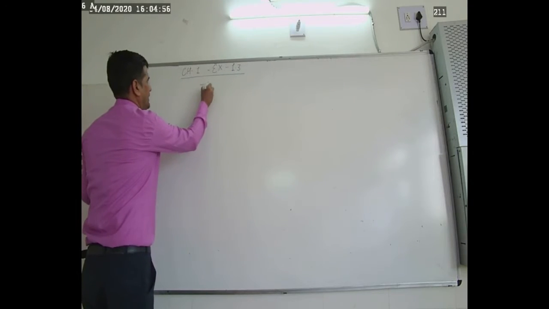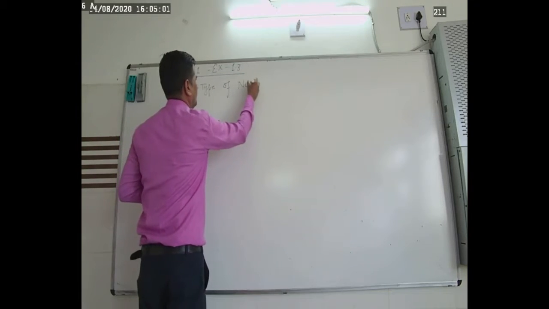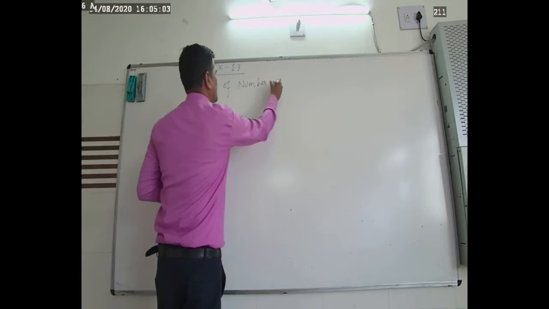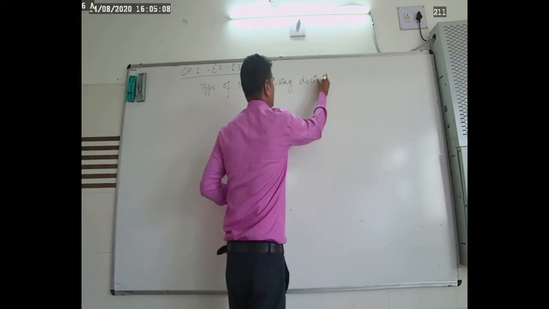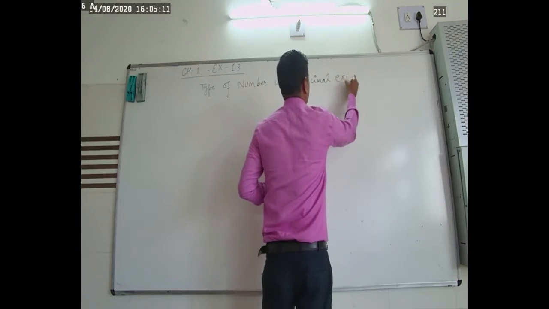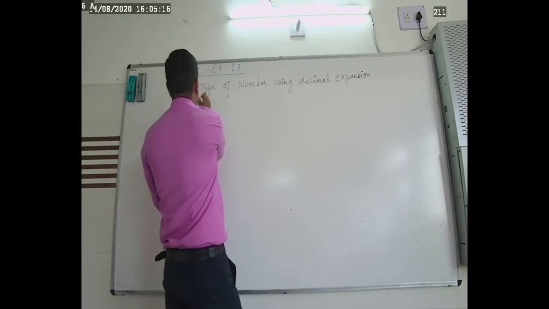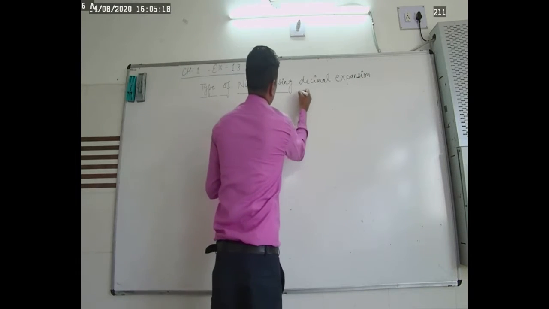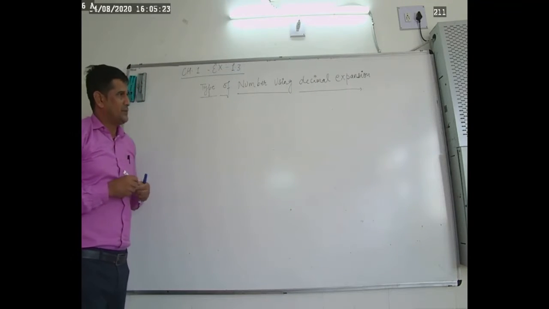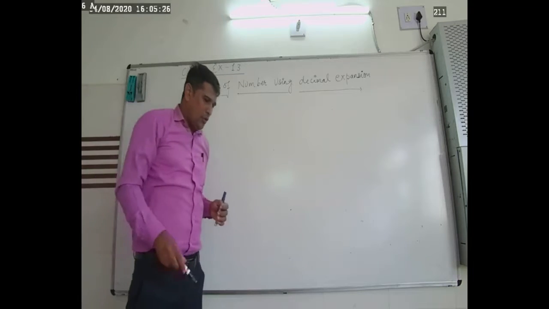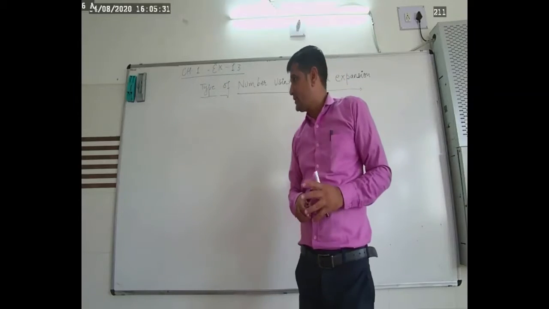So, the type of number using decimal expansion. While using the concept of decimal expansion, we will come to know whether the number is rational or irrational.